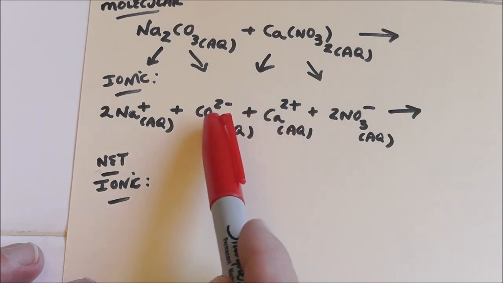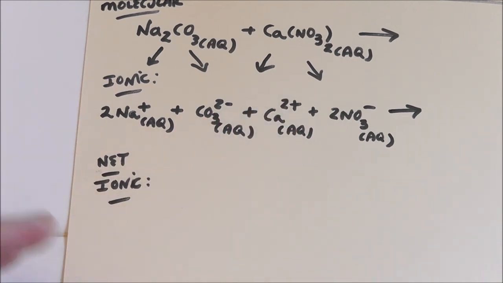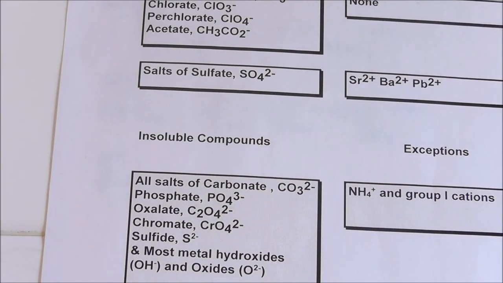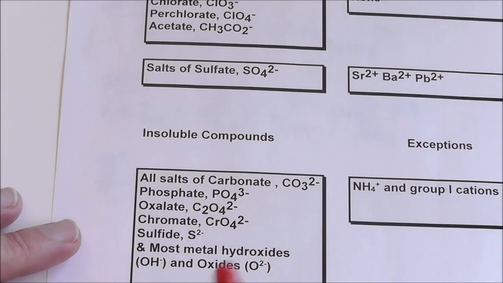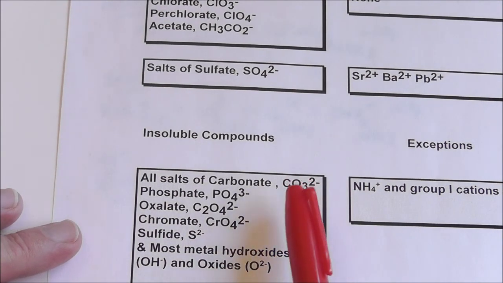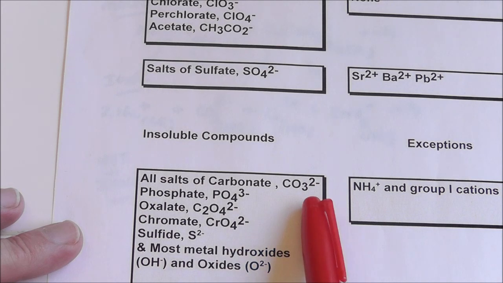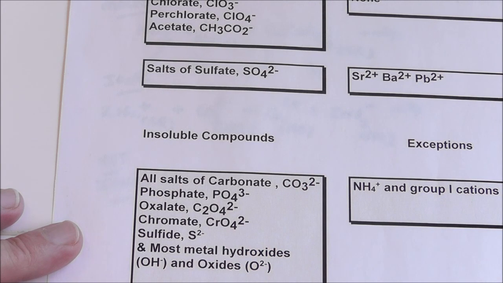But does a calcium make an insoluble combo with a carbonate? Now here's the thing. If you remember, carbonates are down here. Carbonates are part of these insoluble negative ions that usually don't dissolve.